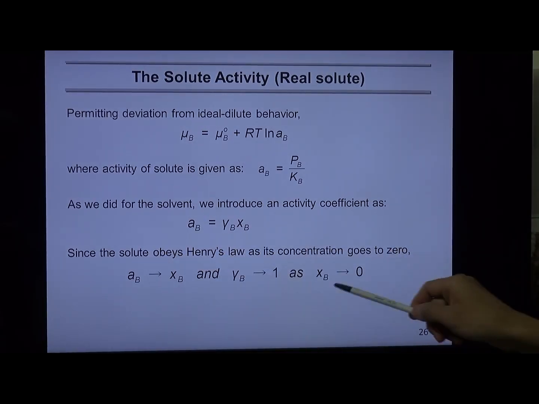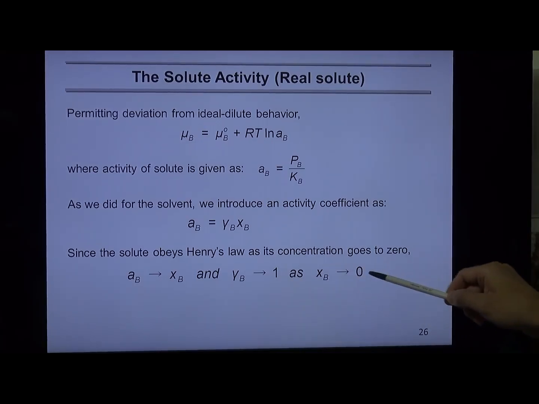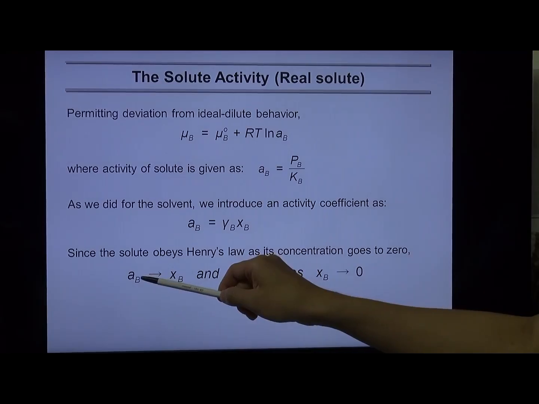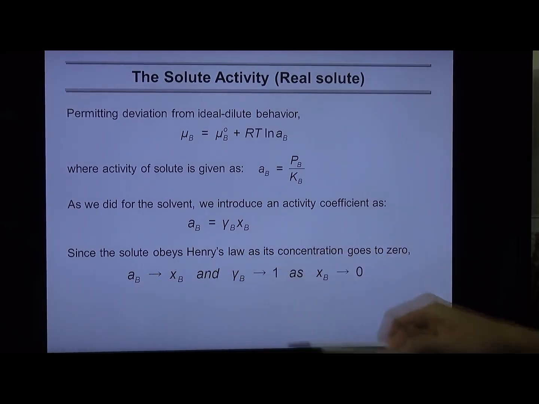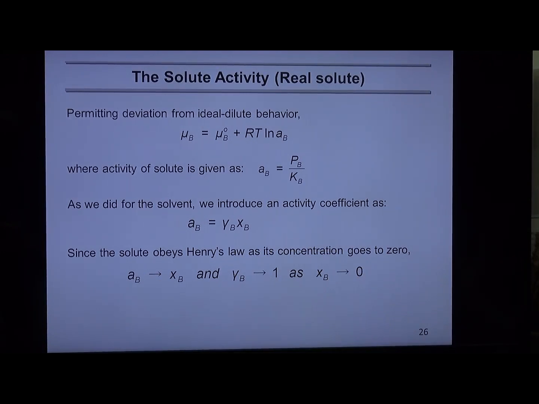So as the concentration of B approaches zero, the activity of the solute approaches the mole fraction of the solute. Also, the activity coefficient of the solute approaches 1.